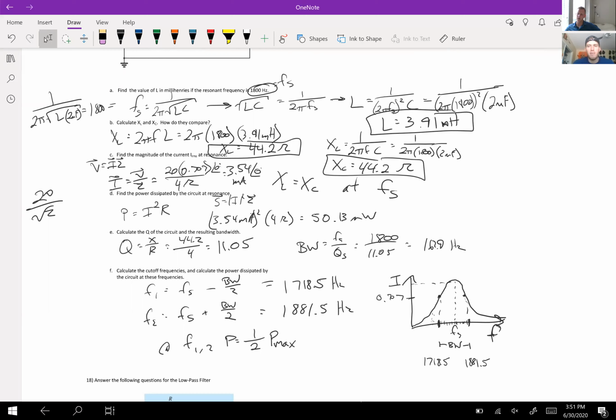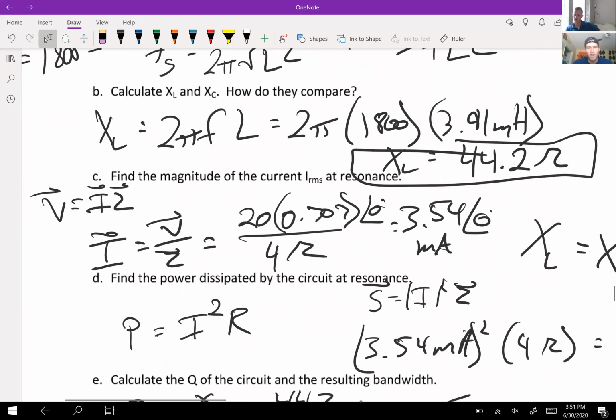Oh, then you divided that by 4. Yeah, so that was just my V. My V was 14.14 millivolts. So now my I is 14.14 divided by that 4 ohms. Okay. I think I was just confused by how it was written, because it looked like 20 times 0.707 over 4. Yeah, 20 times 0.707 divided by 4. Okay.